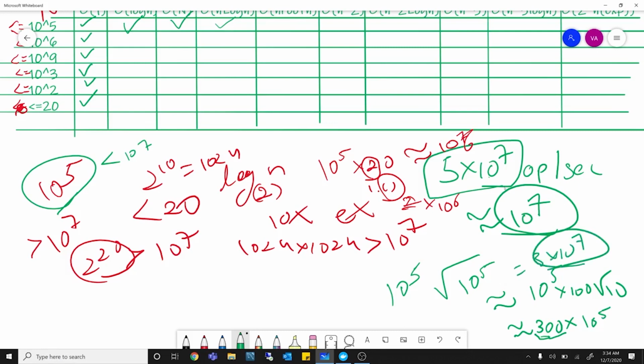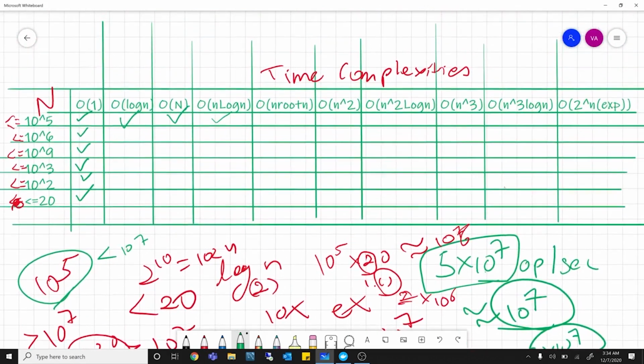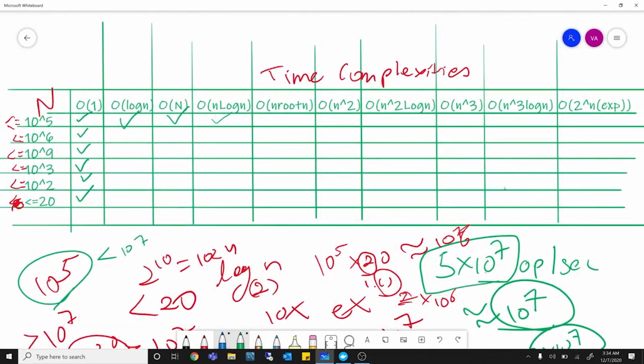Now you can see here that this is greater than 10 to the power 7, but not much greater. So if we use a technique called fast input output, fast IO, this complexity becomes valid. So I'm not going to put a tick here. I'm going to use a different color, a blue tick, to express fast IO.